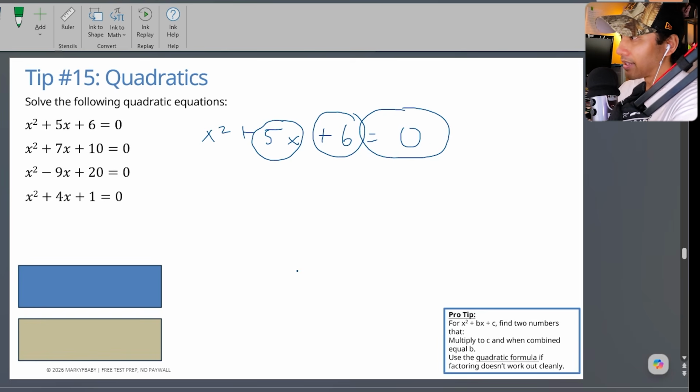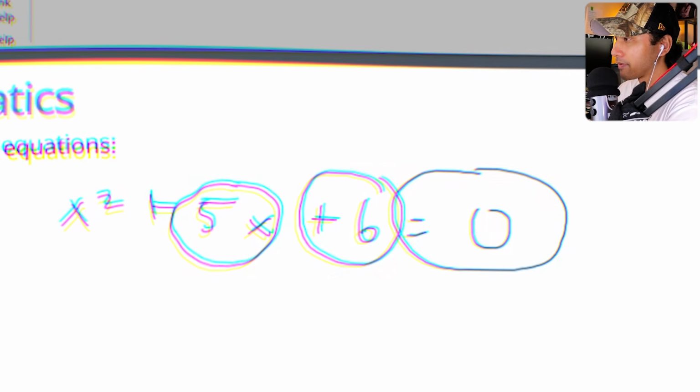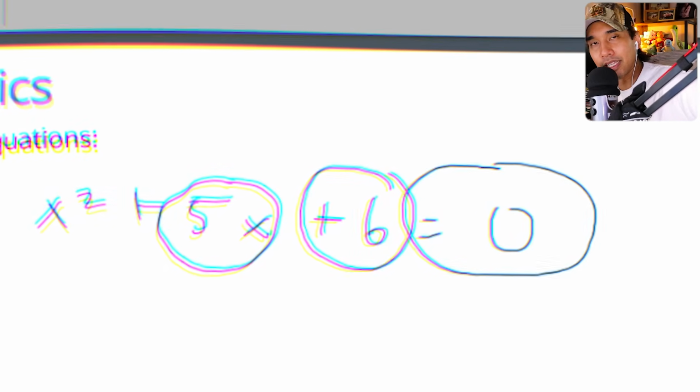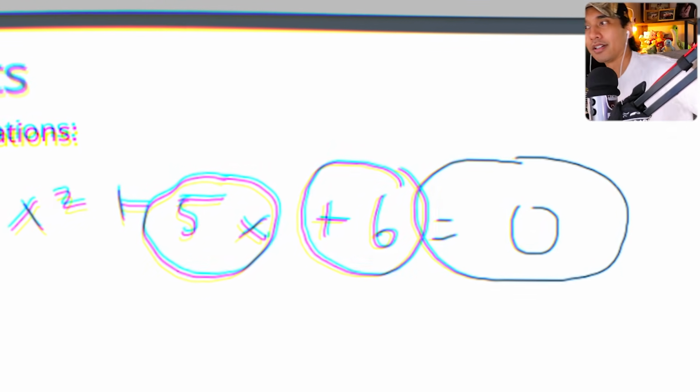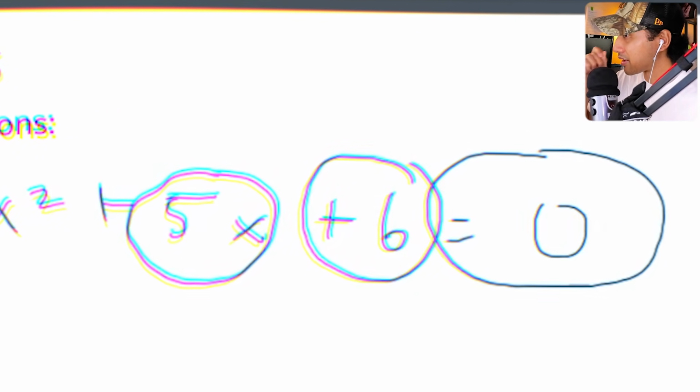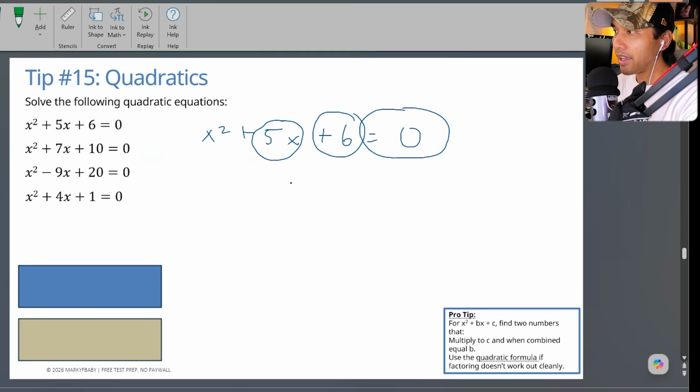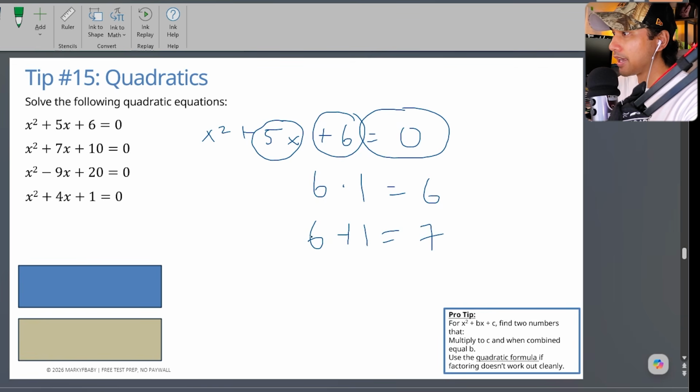Okay? And in this case, what two numbers? I'm going to give you some time to think here. And one could think it could be 6 times 1, right? But it's not, because 6 plus 1 equals 7. And that does not equal 5, or b.